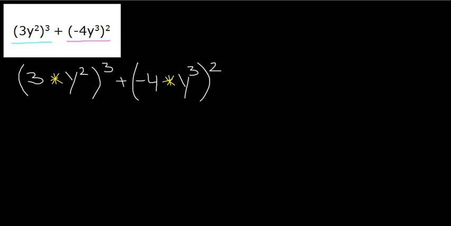Now we're looking at factors, we're looking at powers, and we're looking at powers of powers. So clearly we start thinking about the rules for exponents, and two come to mind. The first is the power of a product rule: a times b to the power m equals a to the power m times b to the power m.